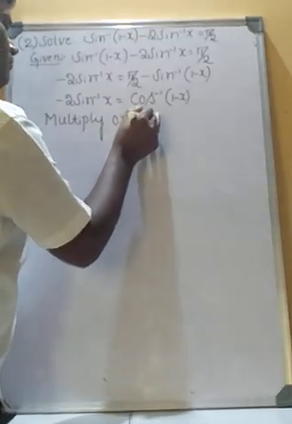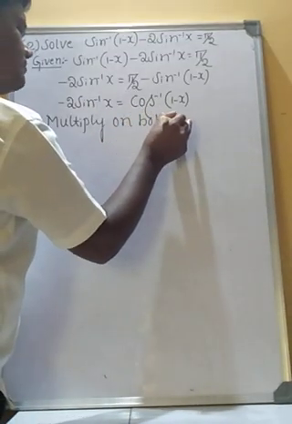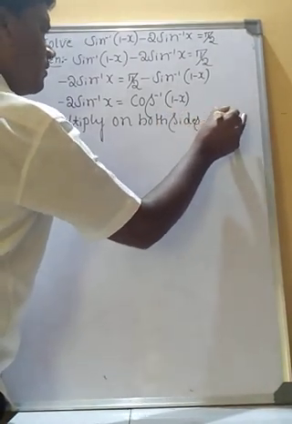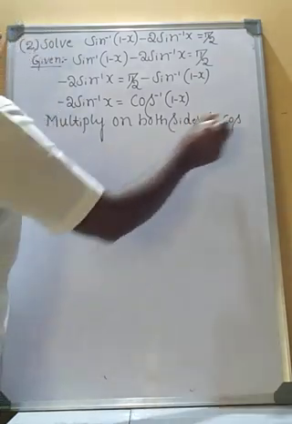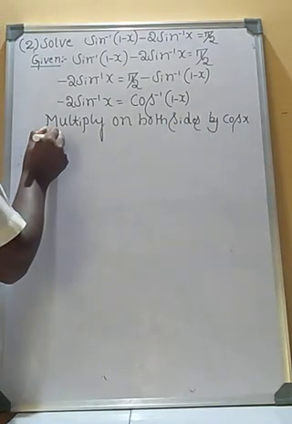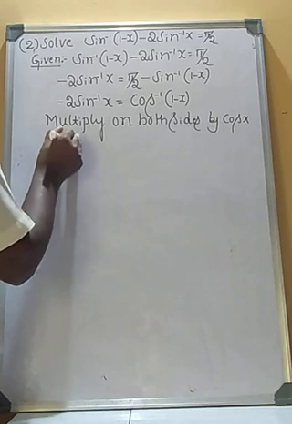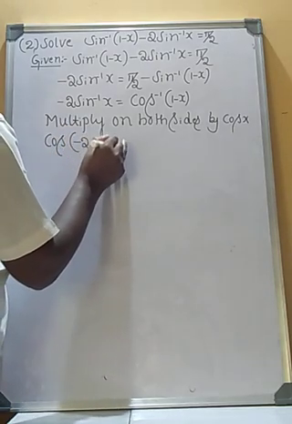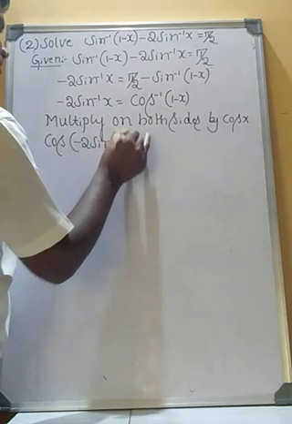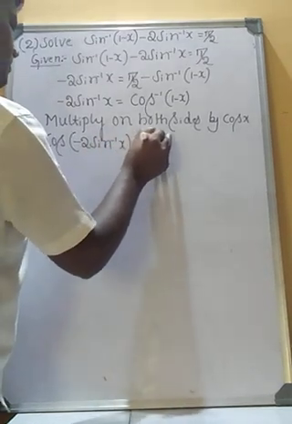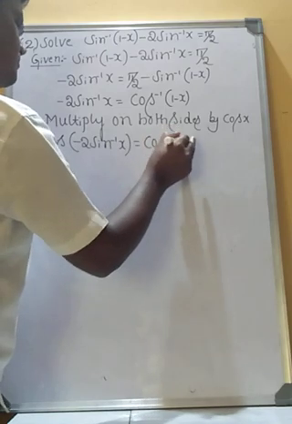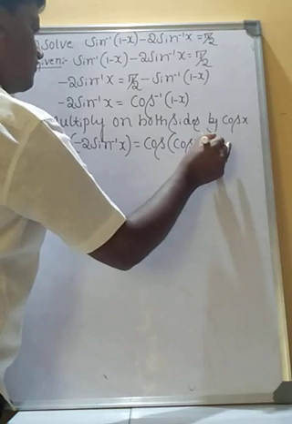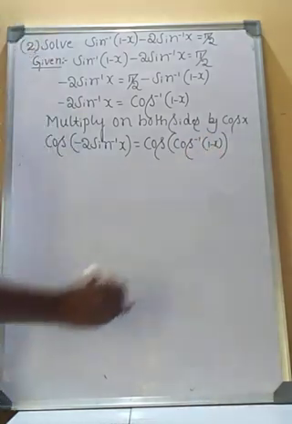The next step: multiply on both sides by cos. Therefore cos of minus 2 sine inverse x is equal to cos of cos inverse of (1 minus x).